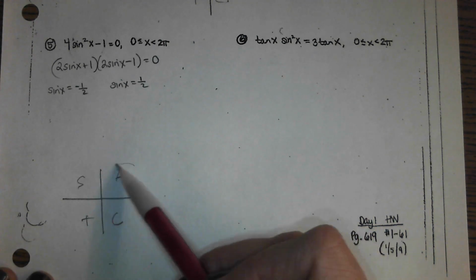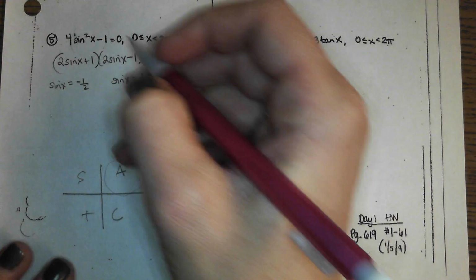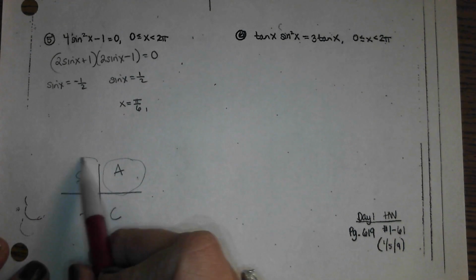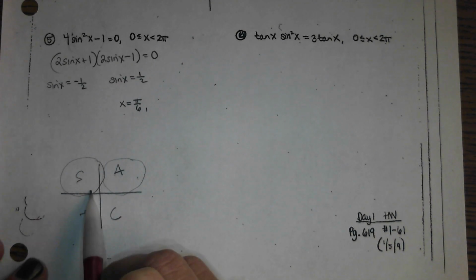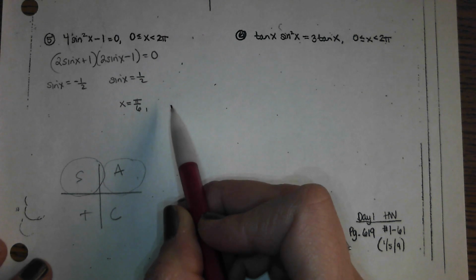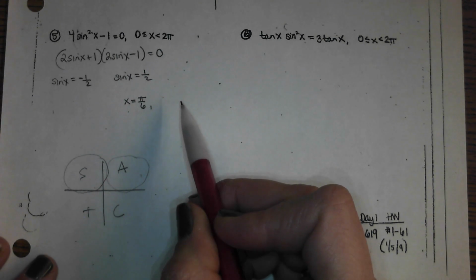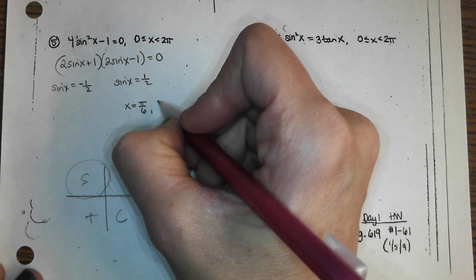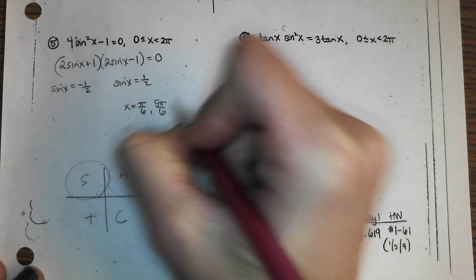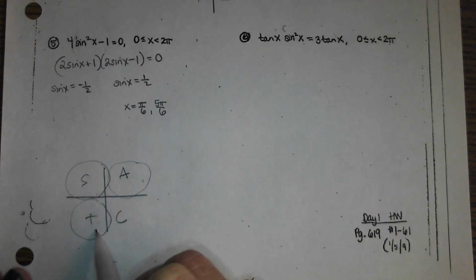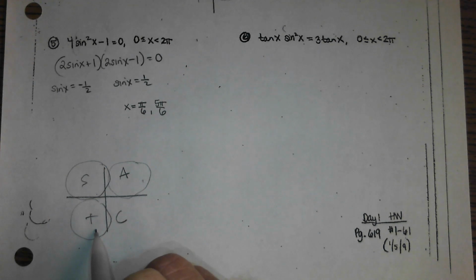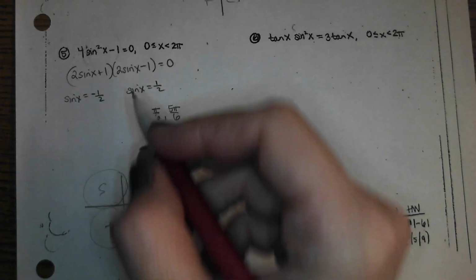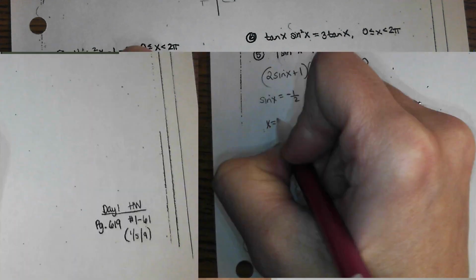Pi over 6. So the first quadrant version, which will give you a +1/2, is pi over 6. The second quadrant version, which will also give you a positive, is what, Marissa? 5 pi over 6. Very good. The third quadrant version, which will give you a -1/2, is what, Trista? Yep.